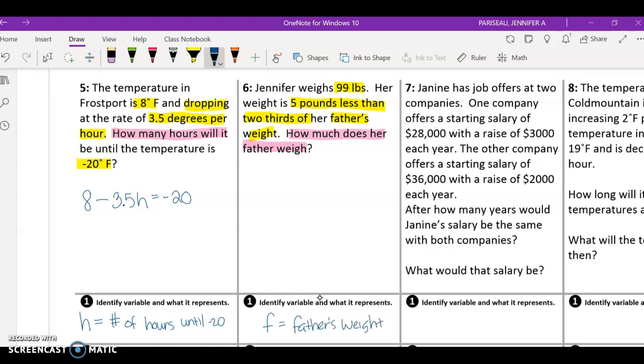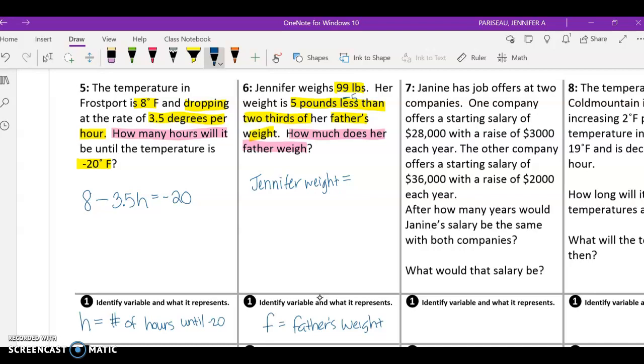All right, and then let's take a look at what we know. We know Jennifer weighs 99. Whose weight? Jennifer's weight, if we write this out in words, is 5 pounds less than. Well, if I have 5 less than you, means I have to take whatever yours is and subtract 5. This is one of those turnaround phrases.